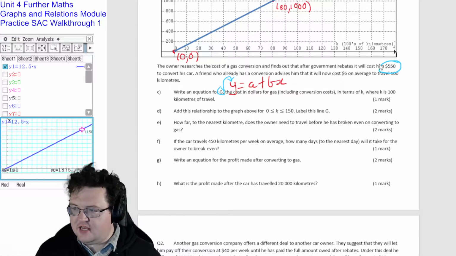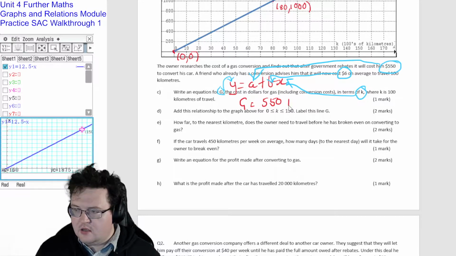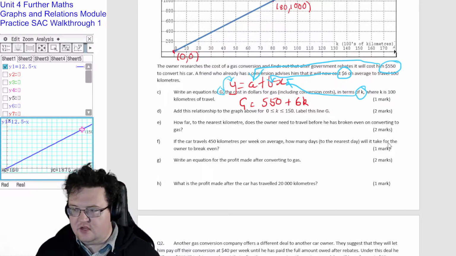This 550 is a constant cost, so that's going to become our A. K is going to go where X is. And then that 6 is going to replace the B for us. So the actual equation that we want to write for this is G equals 550 plus 6K. So G equals 550 plus 6K.